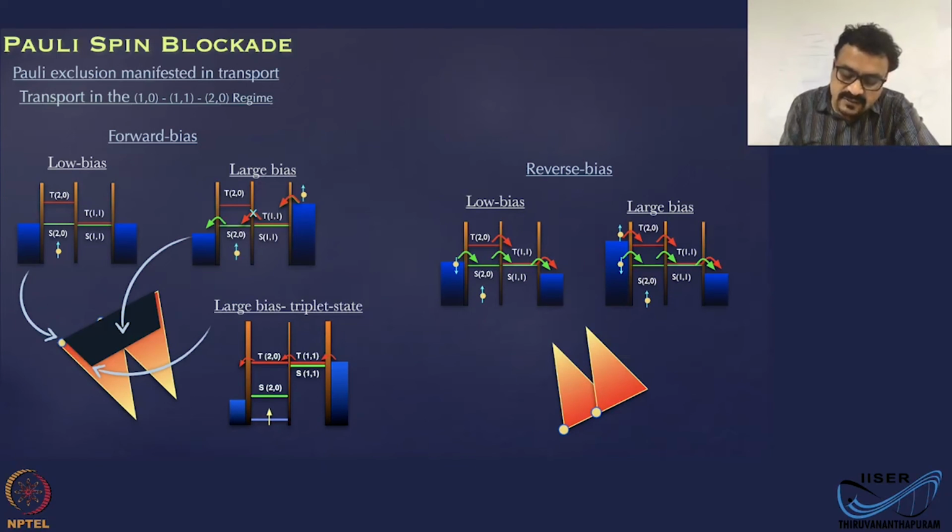So in this low bias configuration, only the spin down electron can tunnel, because a spin up electron needs to form a T20 state. That level is not accessible. So only the spin down electron can go through the system. But anyway, there are plenty of spin down electrons, so you will get the current through the system. Again, these are all in the single electron tunneling regime, so you will get a current through the system.